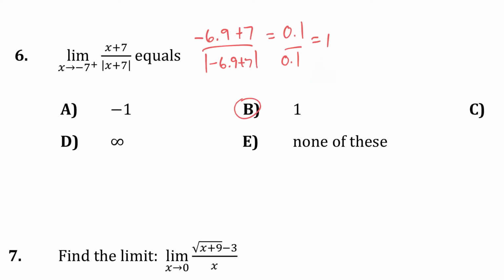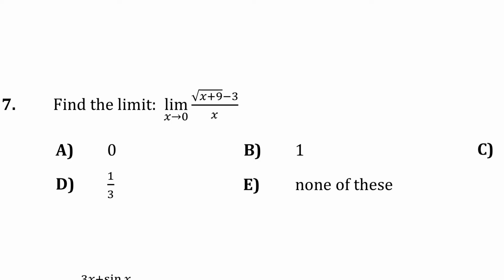The next one, find this limit here. You plug in 0, and you're going to get the square root of 9, which is 3, minus 3, over 0. It's going to be 0 over 0. So you're going to use L'Hopital's rule once again, where you take the derivative of the numerator.